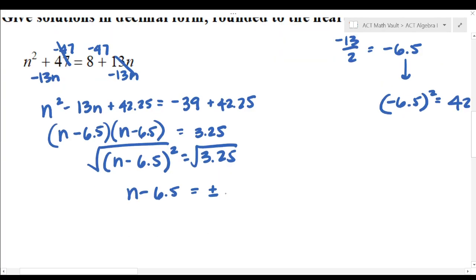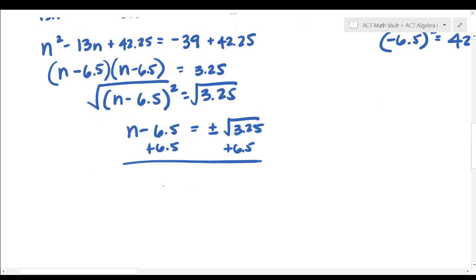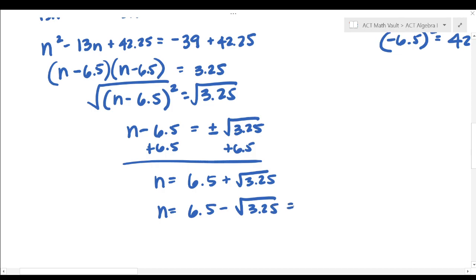So let's just keep it in that version for right now. And then we'll throw it in the calculator in decimal form. So it's going to be 6.5 plus root 3.25 and 6.5 minus root 3.25. All right.